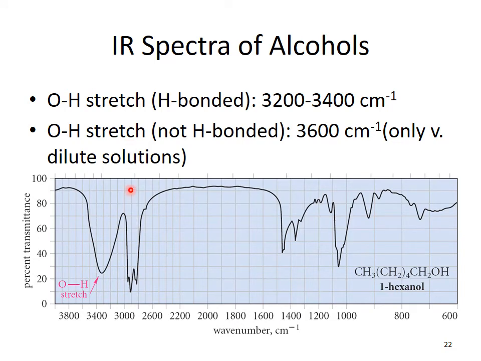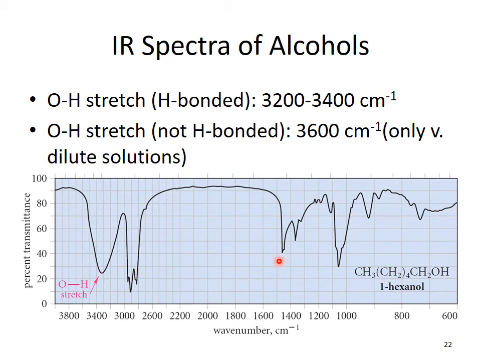Okay, here is an example of an oxygen-hydrogen stretch peak. Right here, you can see it's at about 3375 or so, 3370. Notice how broad it is. That is what makes an oxygen-hydrogen easy to recognize, because you see a deep, broad absorption right here in this general range.